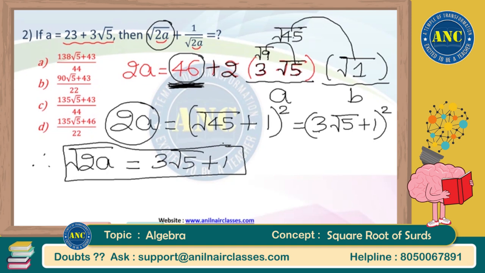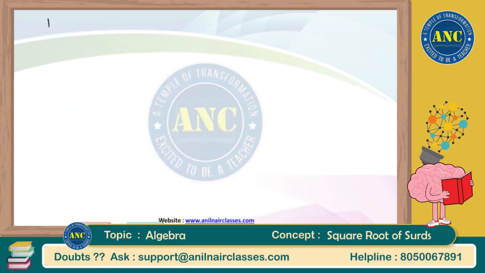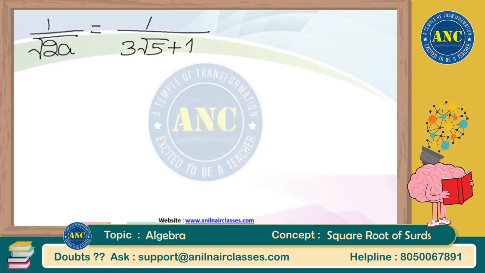Now the other thing I require is the reciprocal of root of 2a, 1 by root of 2a. This is nothing but 1 divided by 3 root 5 plus 1. I already explained this before taking this problem, in the note: put this 3 inside the square root. 3 square becomes 9 inside the square root, 9 into 5 is 45, so square root of 45 plus square root of 1.